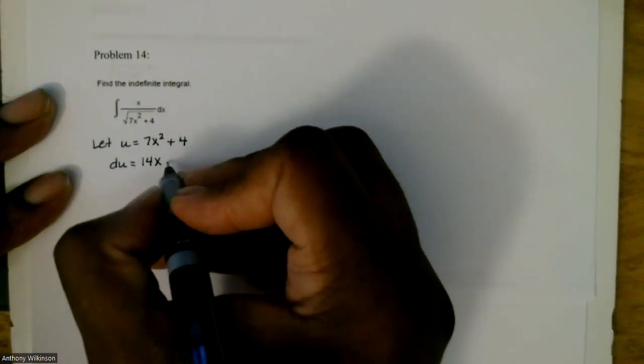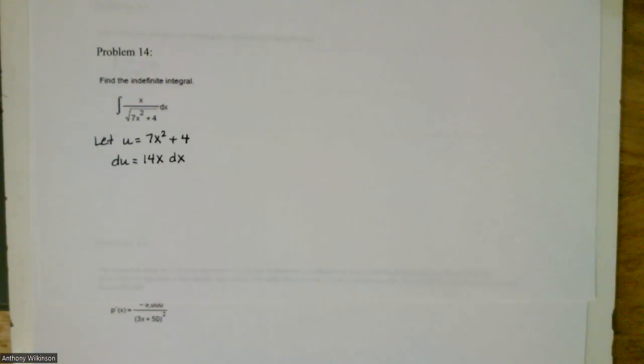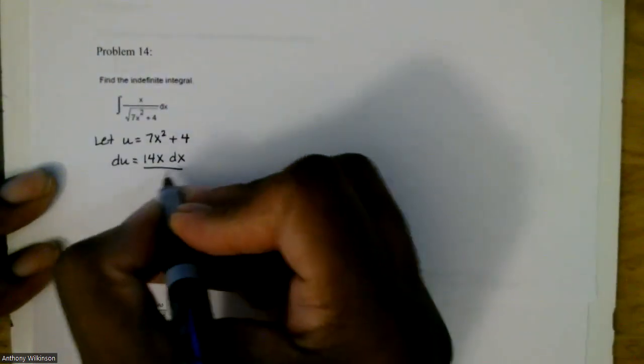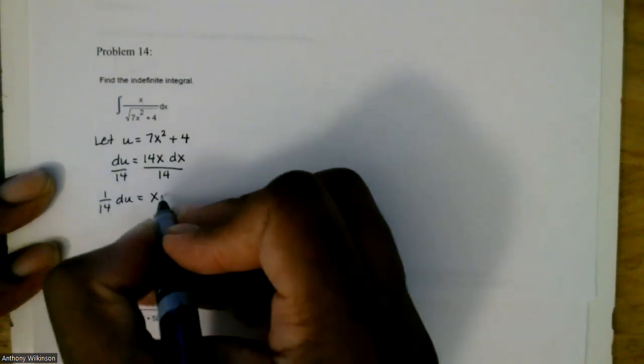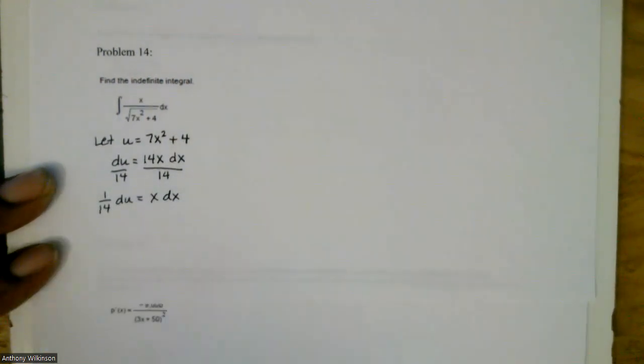The derivative of plus 4 is 0. So I have du is equal to 14x dx. Now I do have the x dx, so let's solve for x dx here by dividing both sides of this equation by 14. So it'll be 1/14 times du is equal to x times dx.